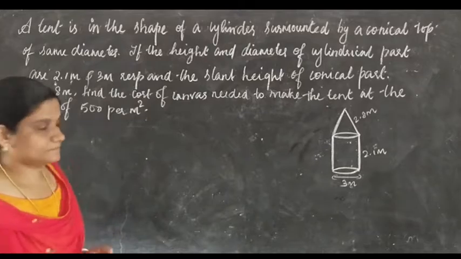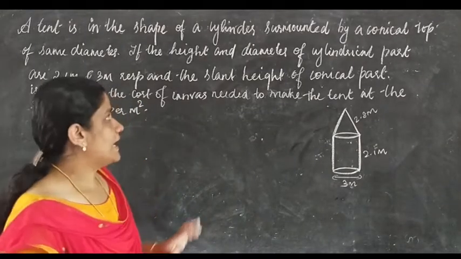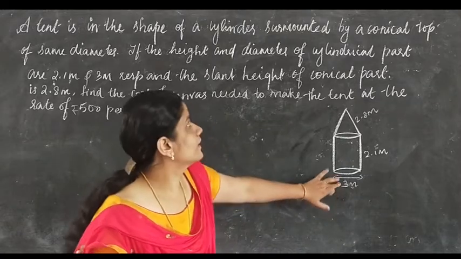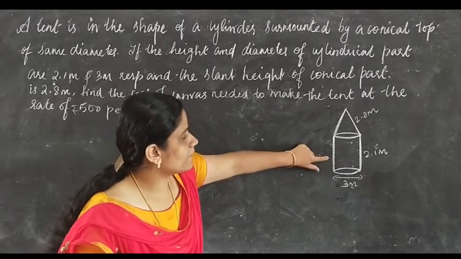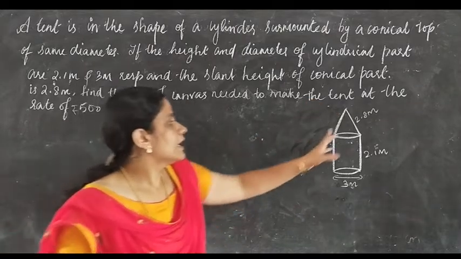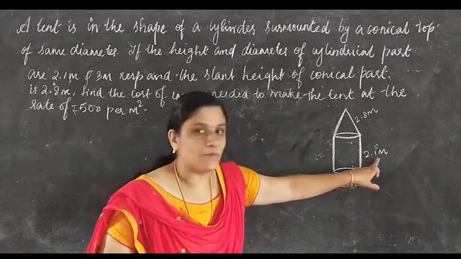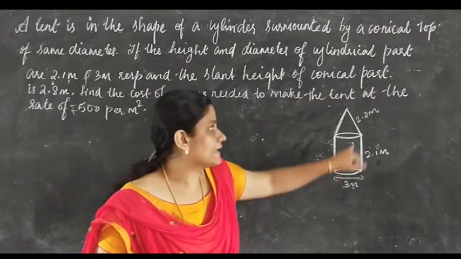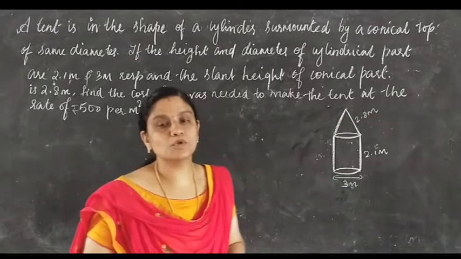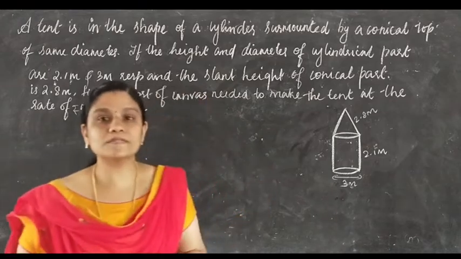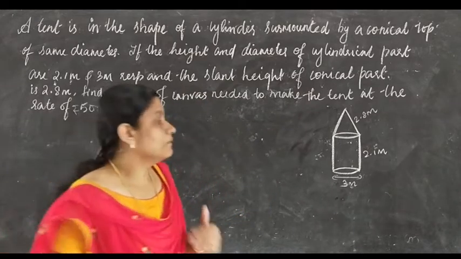Okay. So what is given is a tent in the shape of a cylinder surmounted by a cone. Okay, children, and here the height of the cylinder is given to us, 2.1 meter, the diameter is 3 meter and the slant height of the cone is 2.8 meter. So here the question is we have to find the cost of canvas needed for making this tent.